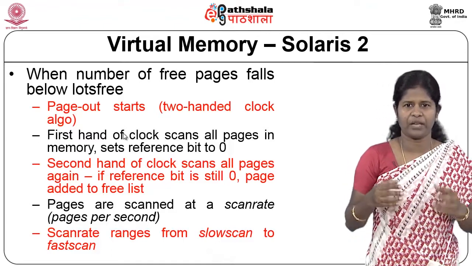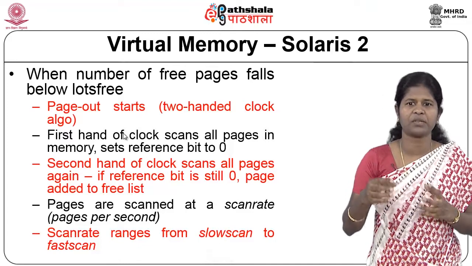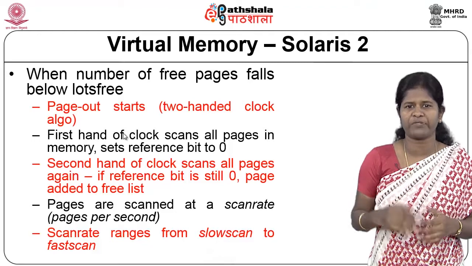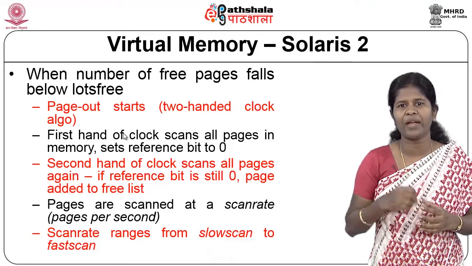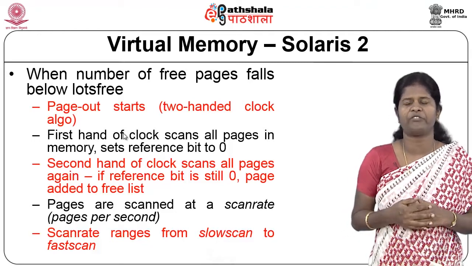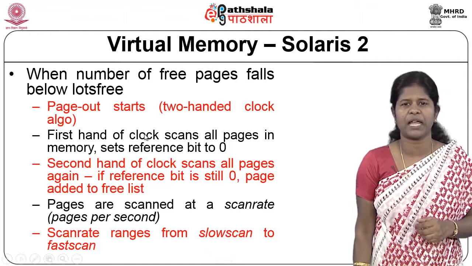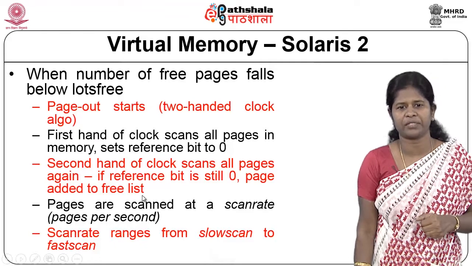So, when the number of free pages goes below some minimum value called lots free, it needs to add more pages to the set of free pages. For that it uses this second chance algorithm, or two-handed clock algorithm.